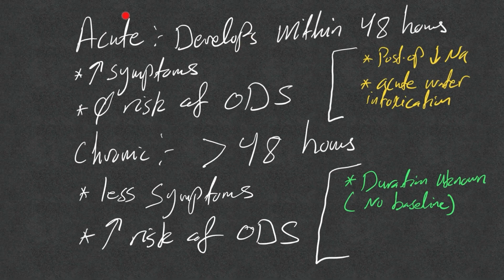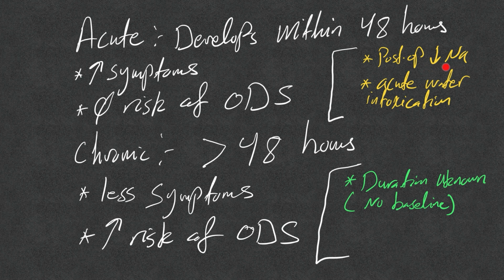And again, let's review the acute versus chronic hyponatremia, which you've probably seen in the last video. Acute is the hyponatremia that develops within 48 hours, and chronic is the one that has been there for more than 48 hours. The acute ones, we see mainly in postoperative hyponatremia. After surgery, the patient will have a state of SIADH, and if you give them some hypotonic solution or excessive water intake, they may develop hyponatremia.